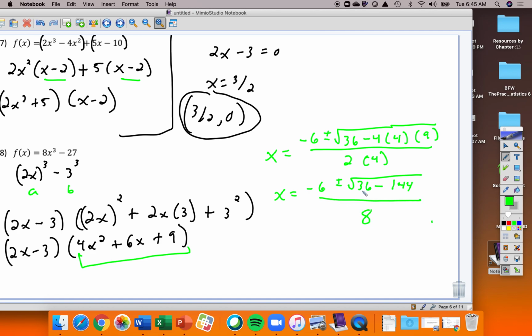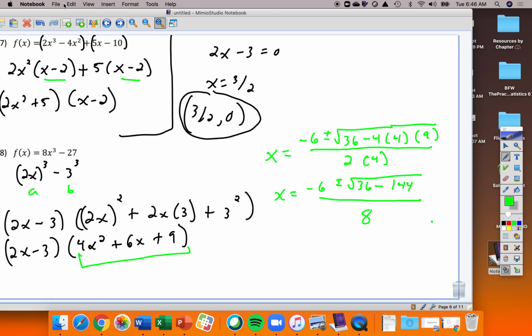Now immediately you should realize that this radical is going to have what's called a discriminant. The value in the radical is going to be negative. And when that happens, that means I'm going to have two imaginary solutions. Right? 36 minus 144 is negative.